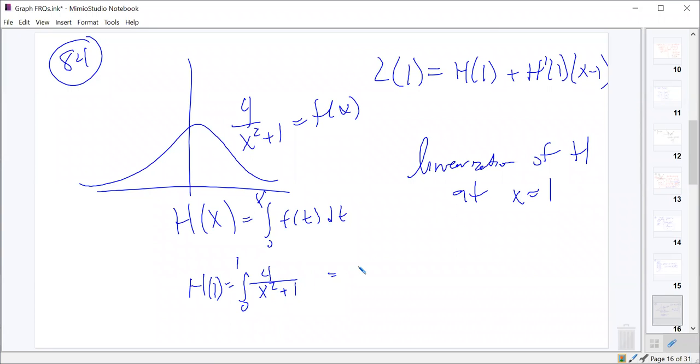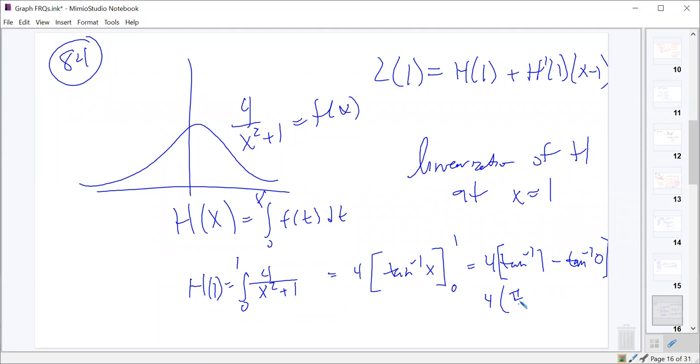The integral from 0 to 1 of this should be 4 times the integral of 1 over x squared plus 1, which is inverse tangent x from 0 to 1. So that's 4 inverse tangent 1 minus inverse tangent 0. Inverse tangent of 1 is pi over 4. Inverse tangent 0 is 0. So h of 1 is pi.